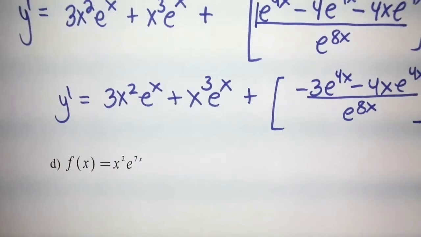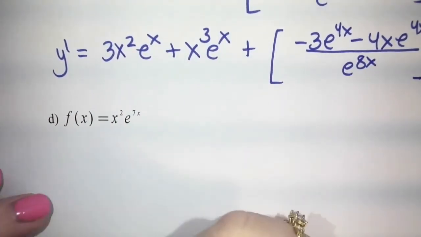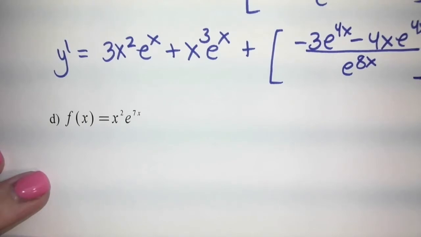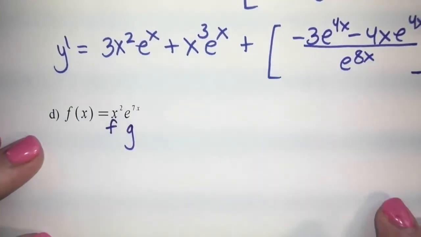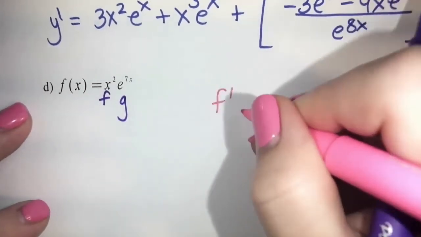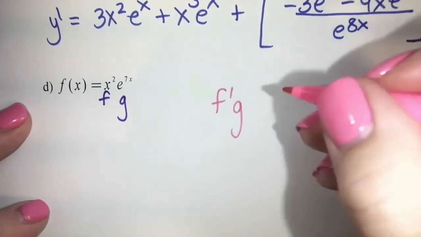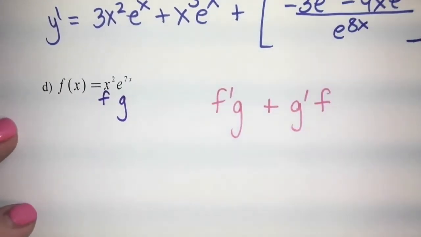Okay, part D, x squared e to the 7x. What would be our derivative here? Well, this involves an x, the x squared, and e to the 7x involves an x. So we're looking at doing the product rule. So derivative of the first, f prime, times the second, g, plus derivative of the second, g prime, times the first, f.